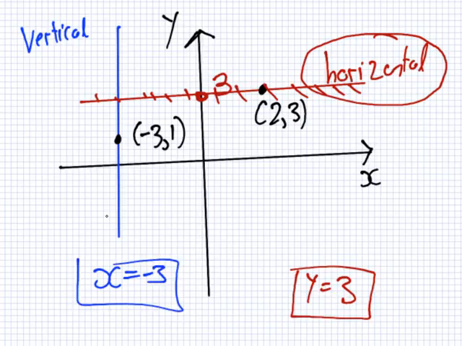Yeah, because everywhere on this line, x is minus 3. So, finally, what is this point here where they meet? Minus 3, 3. Yeah, as an example.